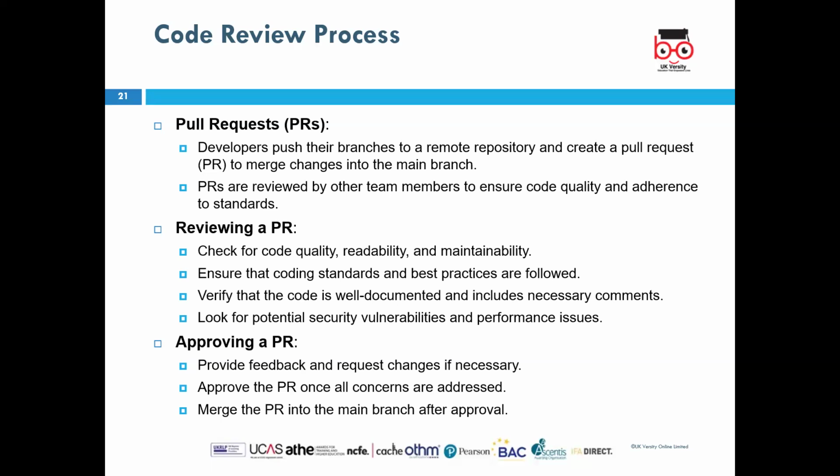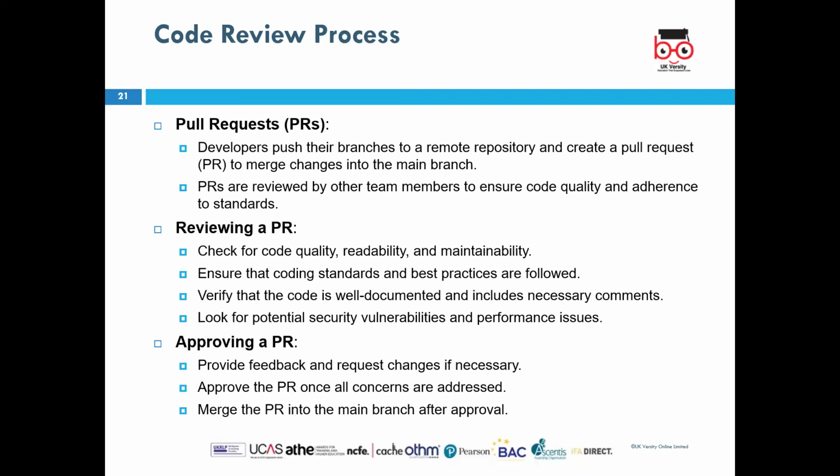So we also have to review our pull requests. How do we do this? By checking the code quality, readability, and maintainability. Another way to review is to ensure that code standards and best practices are followed. We also verify that the code is well documented and includes necessary comments.